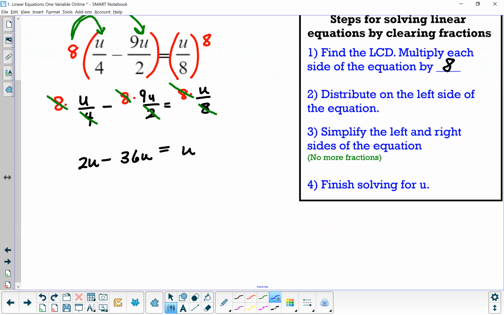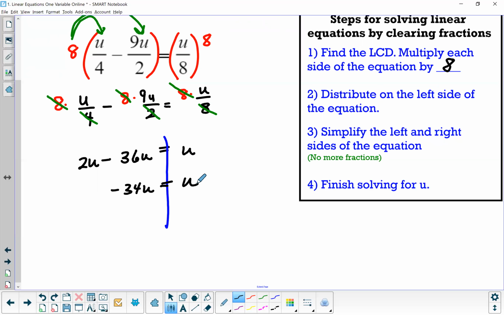Okay, I'm going to draw a line through the equal sign. And I'm going to start with simplifying the left side. 2u minus 36u. That's negative 34u equals, and then I'll bring down the 1u.